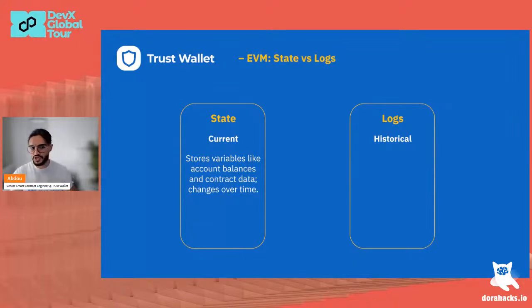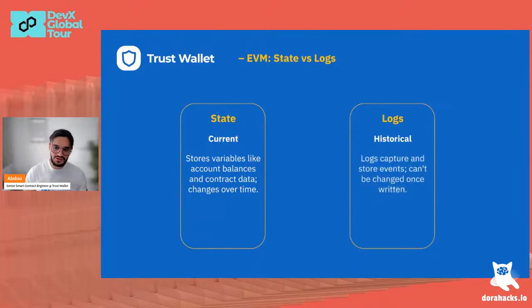In each block, we can know the changes of the state, so using consensus we can make sure that this data was not tampered with, and we can track it even to the Genesis block. Logs, on the other side, capture and store events. We're going to see what events are. Logs can't be changed once written, meaning once an event has been emitted, there's no way to change that event. In a contract, is it possible to make the state immutable?